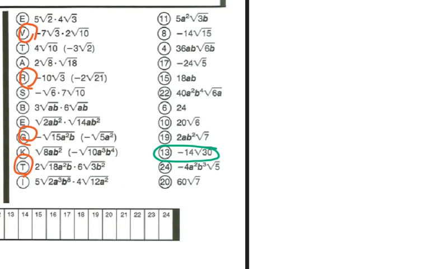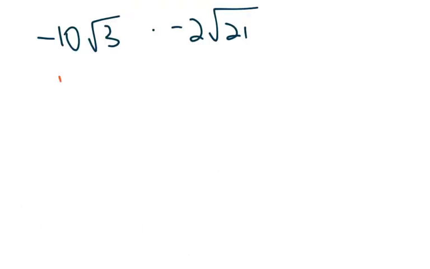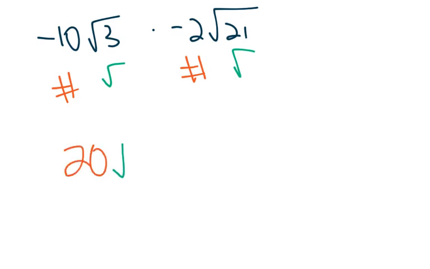Okay, let's do R. So try it yourself first, and then watch the video and see whether you got it right or wrong. Okay, once again, we can only multiply the numbers together and then the radicals together. So -10 times -2 is 20, and 3 times 21 is 63.